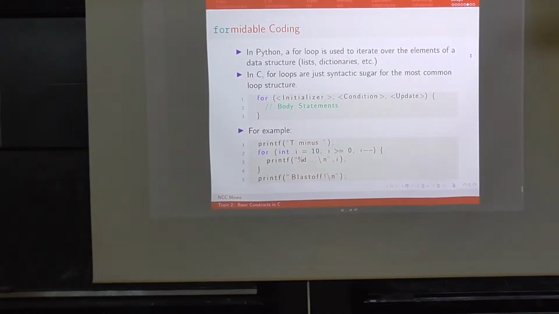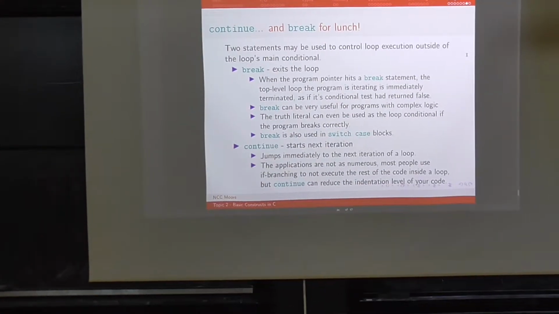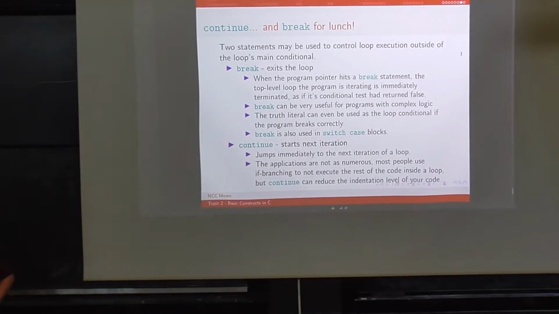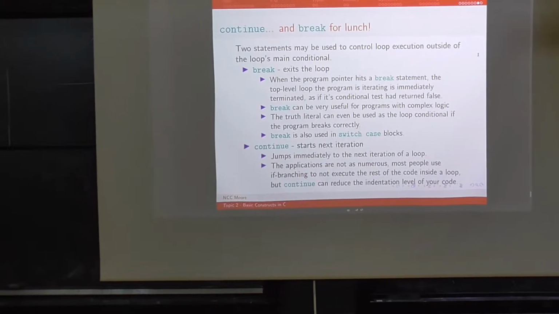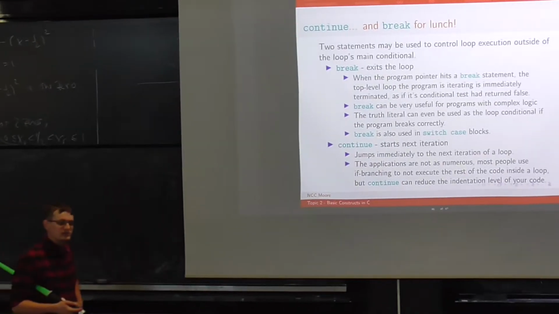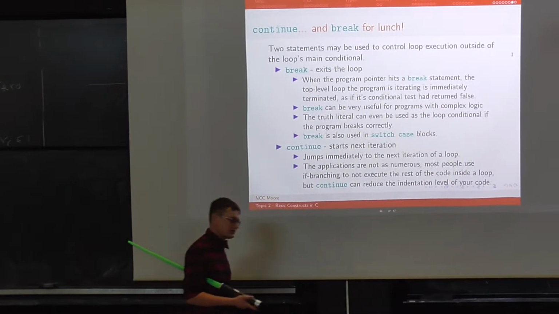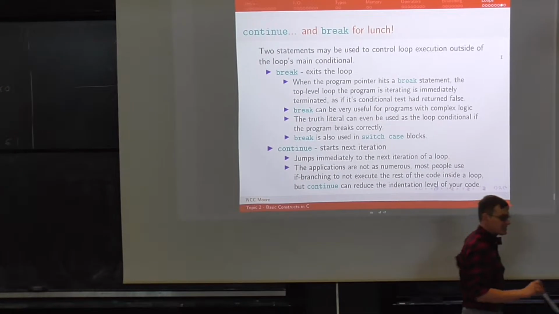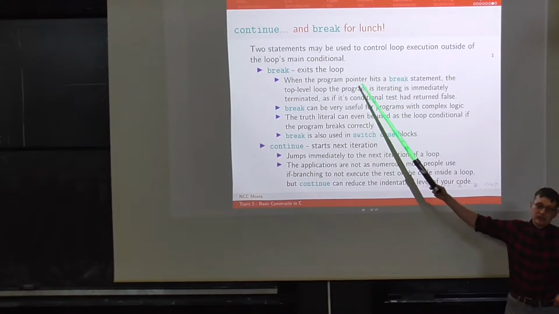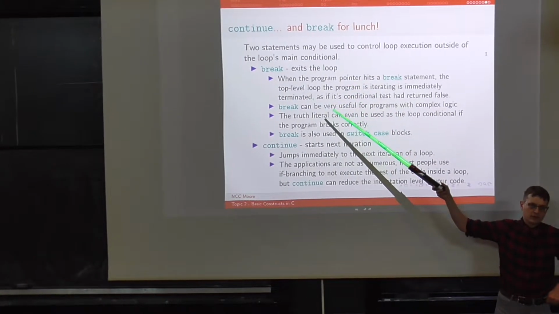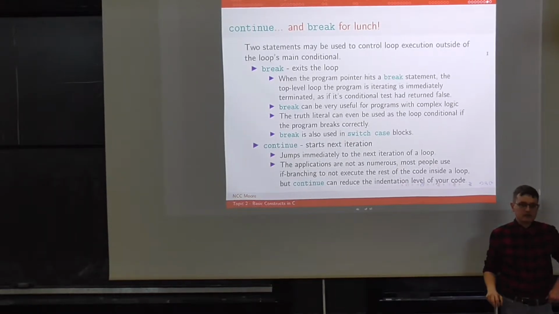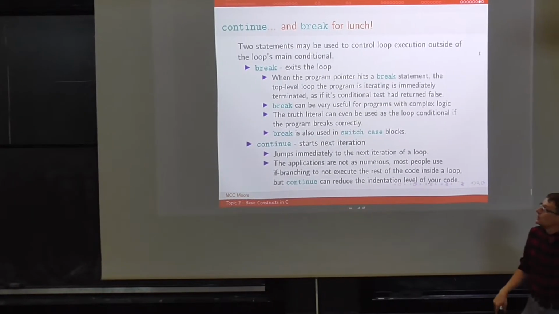Good. So, further on the subject of loops, we were talking about gotos a little bit, and how gotos are terrible, and you should never, ever use them. That being said, breaks and continues are basically a style of goto, which is bound to the context of the loop in which they exist.